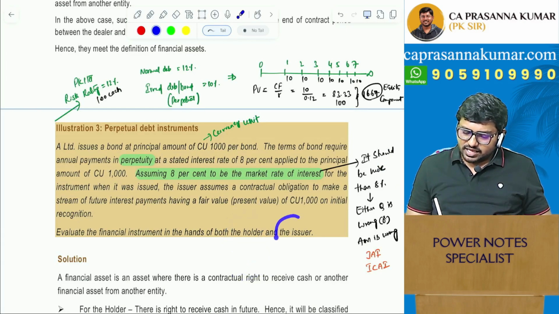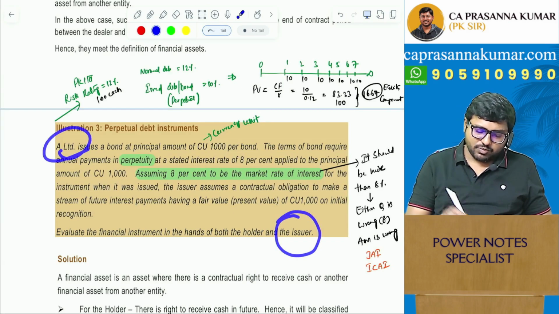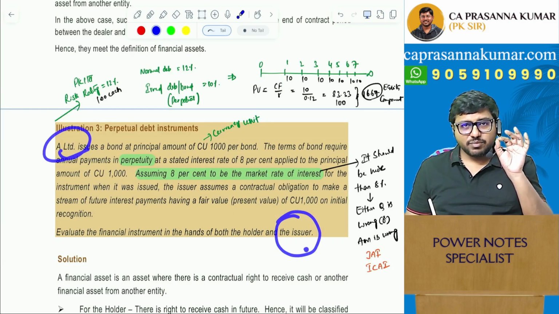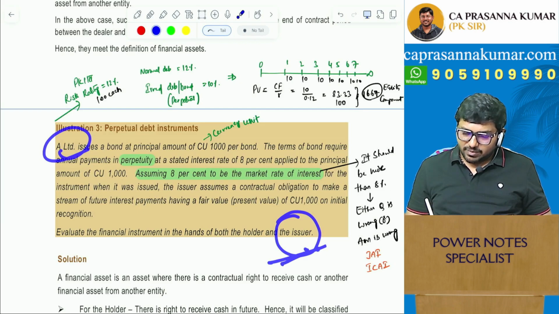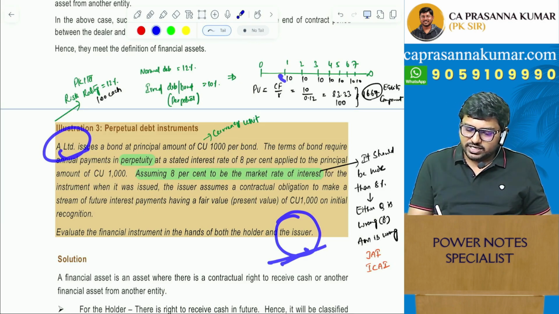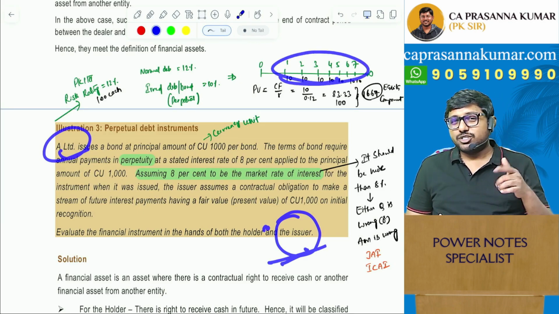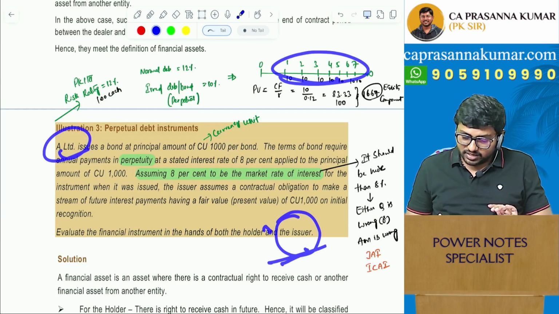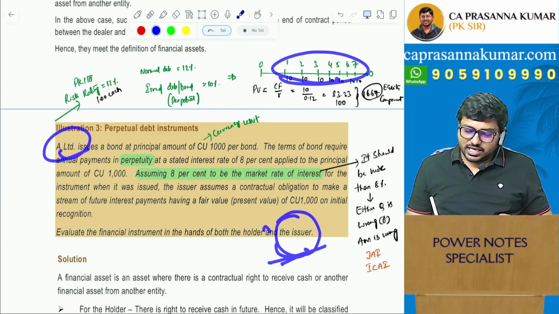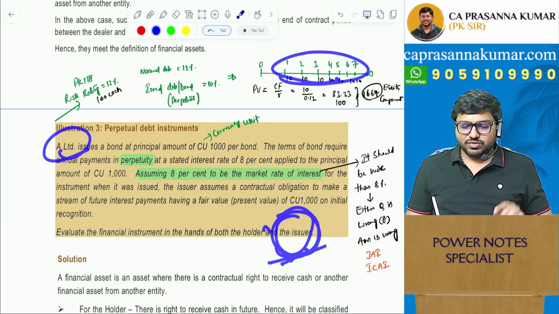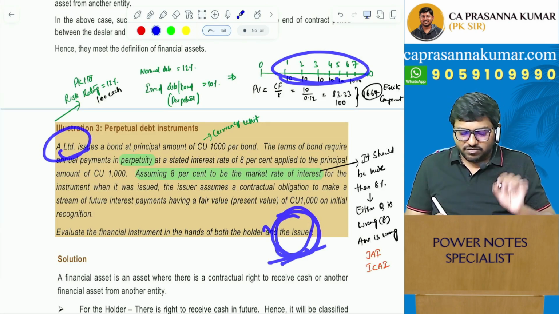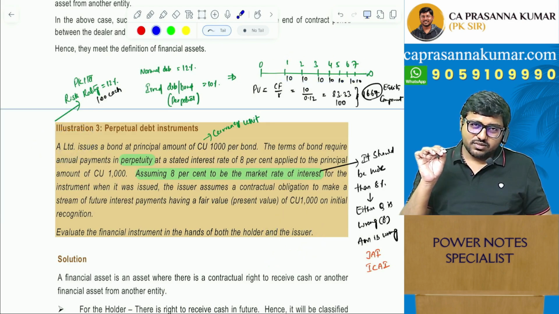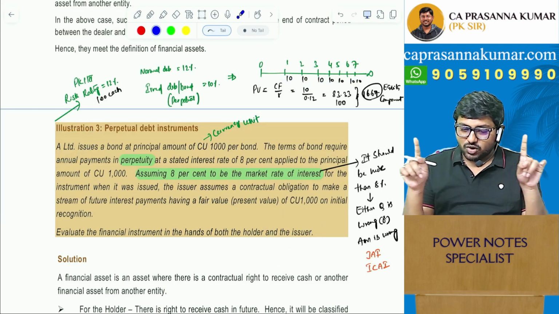Whereas in the hands of the issuer, that is from the company's point of view, you have two things. One is the interest, which is an obligation to pay cash in future for an indefinite time. Therefore, it's a financial liability. However, the redemption option is at the choice of this particular company, A Limited. It is not an obligation.